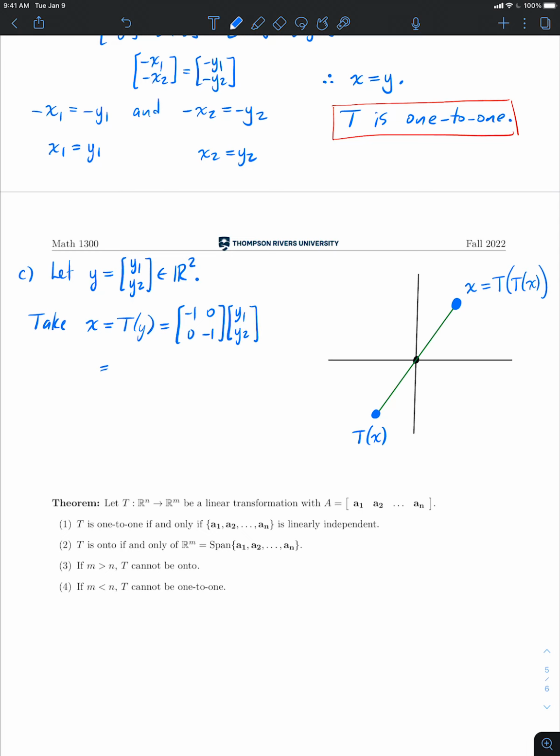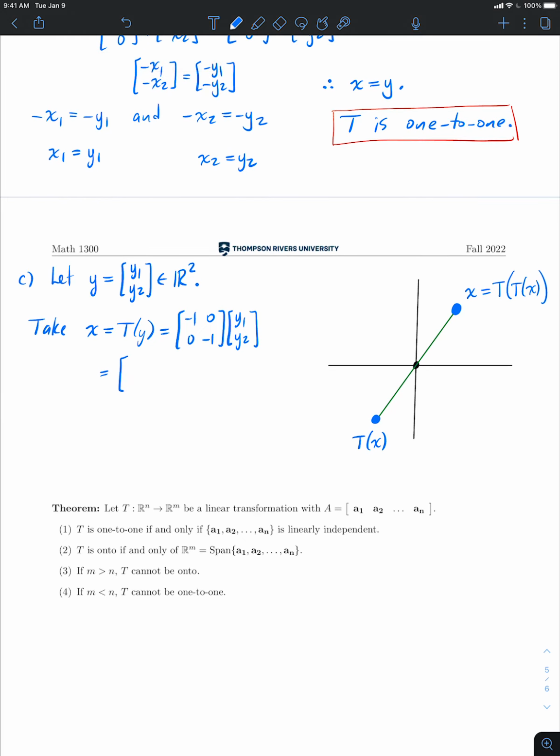What will you get here? You'll have y1 times the vector negative 1, 0, plus y2 times the vector 0, negative 1. If you work this out, you end up with negative y1, negative y2.